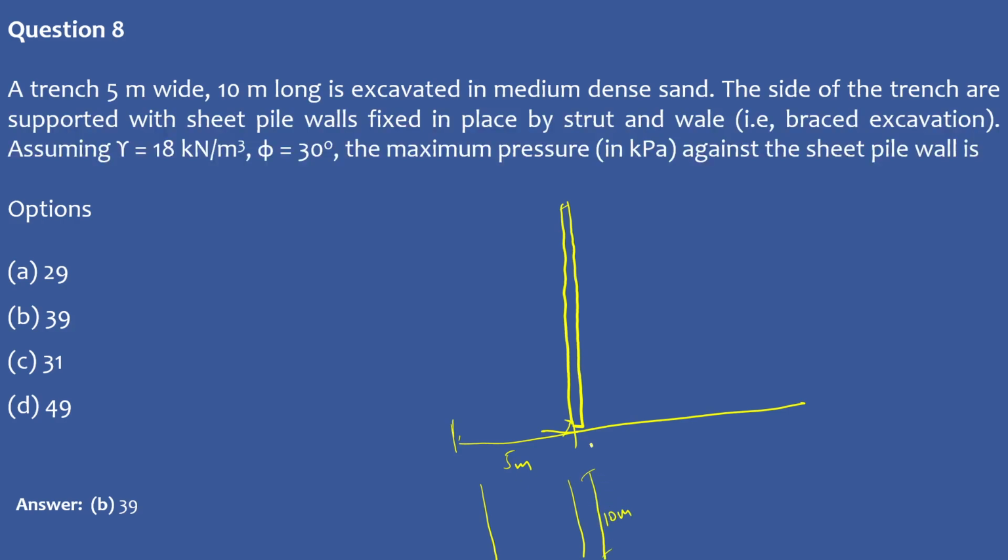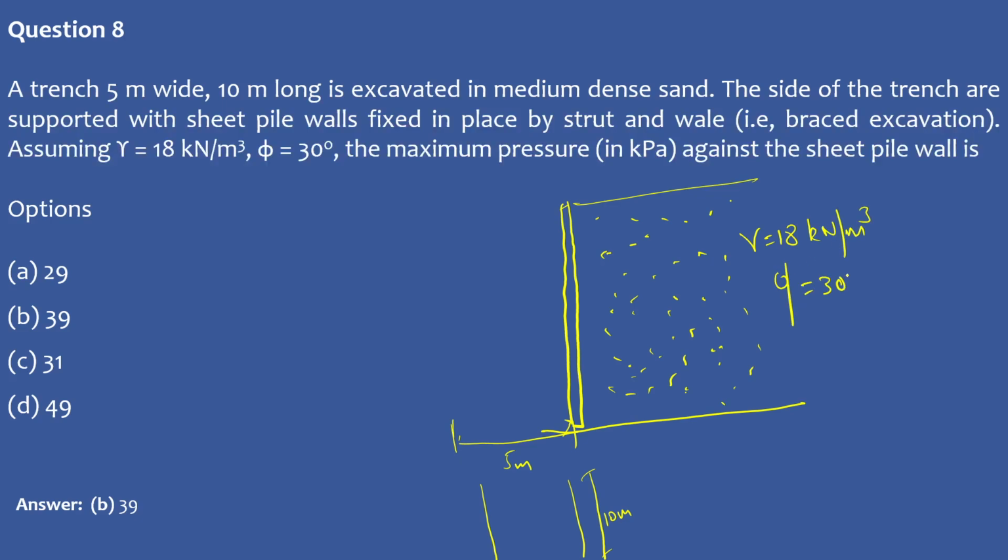That is the top view which I'm talking about. The soil which is there, the gamma value is 18 kN per meter cube. Your phi value is 30 degrees.